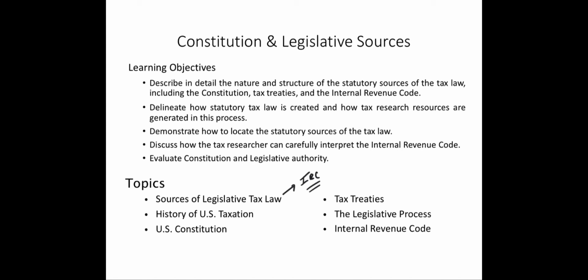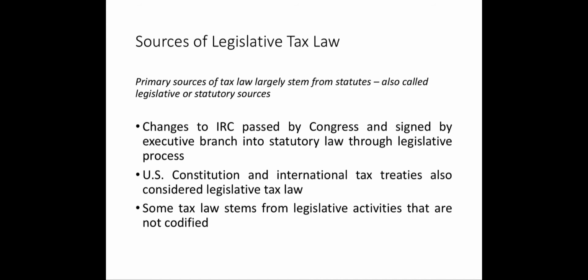The legislative process, that's a very important one. If you're not sure how laws are enacted, specifically tax laws, we're going to cover that. And finally, we're going to be spending a lot of time specifically on the Internal Revenue Code, the structure, citation, looking at the way it's set up and ways and ideas to help navigate the Internal Revenue Code when you're doing research. We're talking about primary sources of tax law and how they largely stem from statutes.